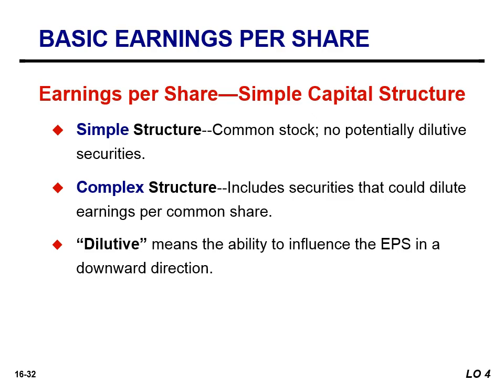Dilutive means the ability to influence earnings per share negatively. If any security can dilute or decrease the value of earnings per share, you have to report it. If it is anti-dilutive, making it so you could increase earnings per share, you do not report it.